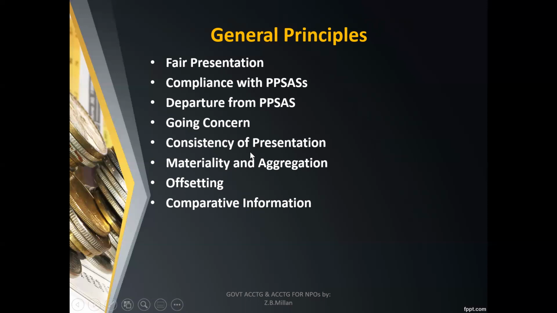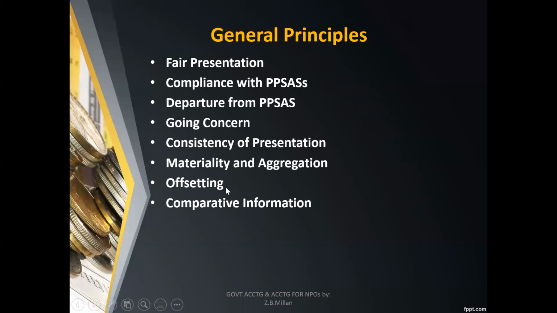Materiality and aggregation. So it means you consider the value that is significant. Offsetting. So items that are offset are included or not allowed, depending on the materiality of an item.